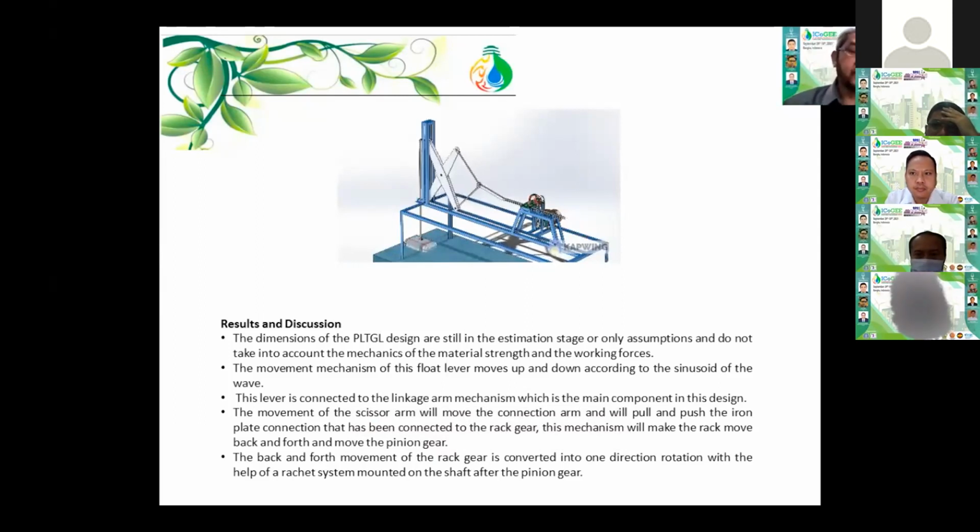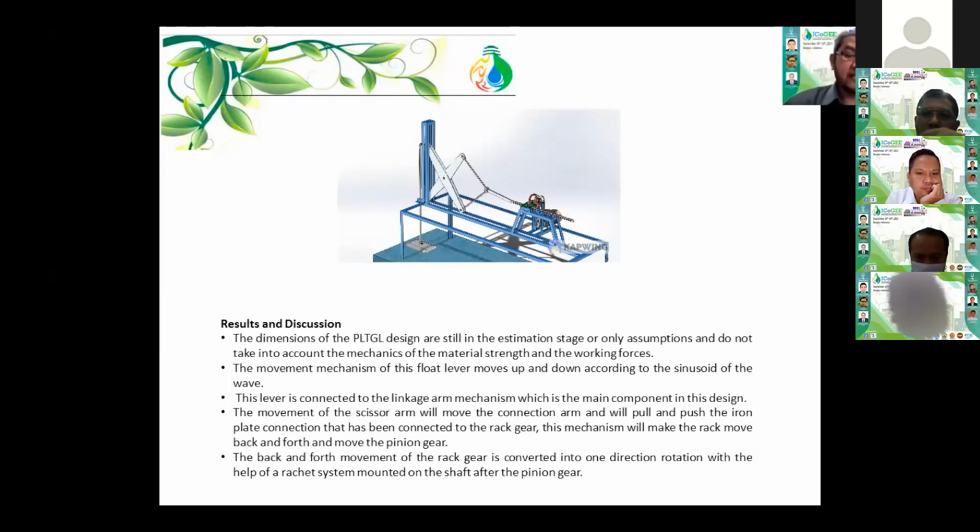The movement of the scissors arm will move the connection arm, and then this connection arm will pull and push the iron plate connection that has been connected to the rack gear. This mechanism will make the rack move back and forth and move the pinion gear.